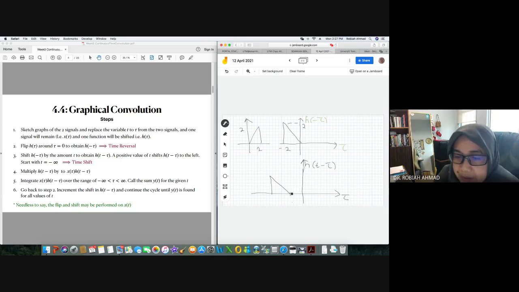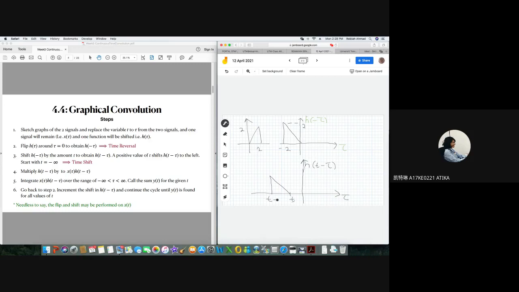We name it T. So this one will be T minus, plus, minus how much? Minus 2, its width, okay?